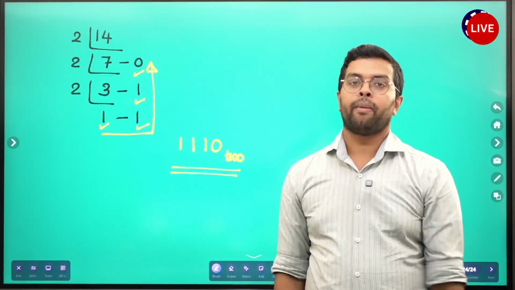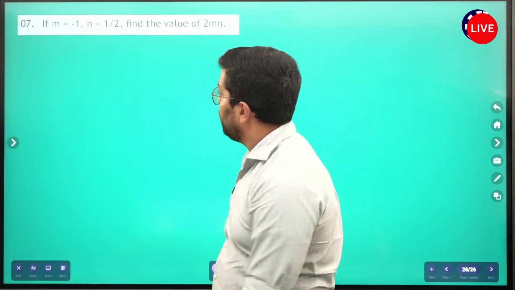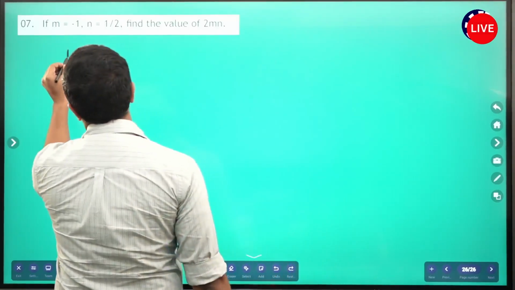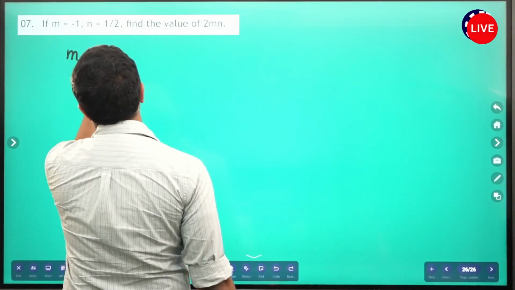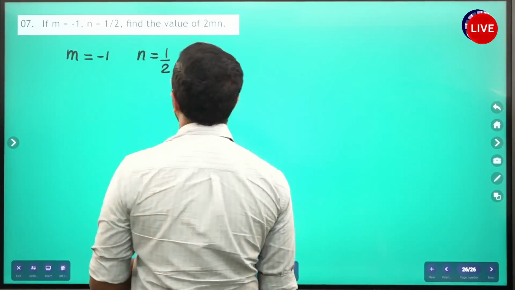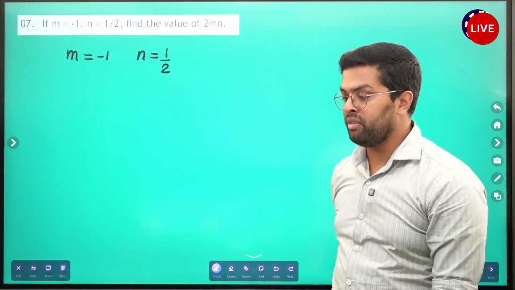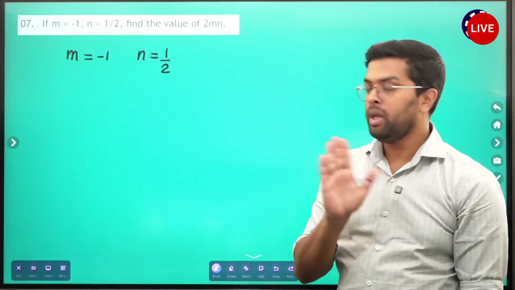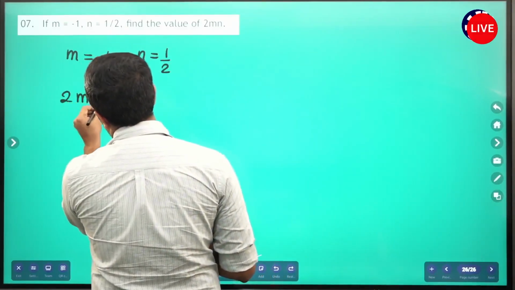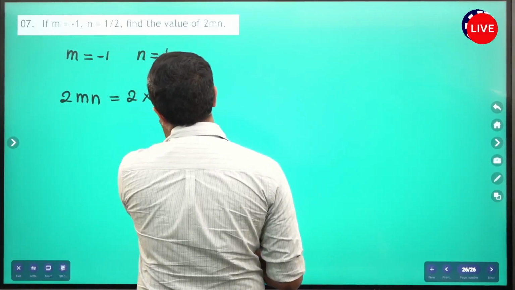Alright? Okay. Question number 7. If m equals -1 and n equals half, find the value of 2mn. So 2mn means you have to multiply 2 by m again by n.